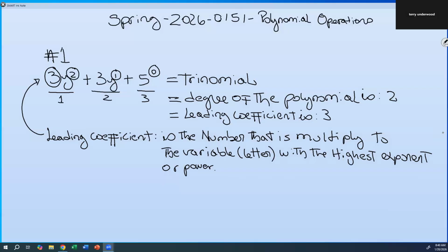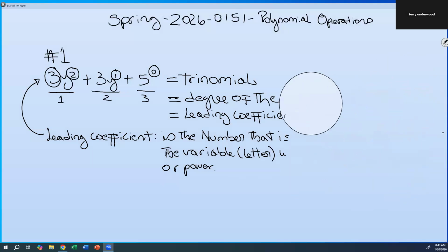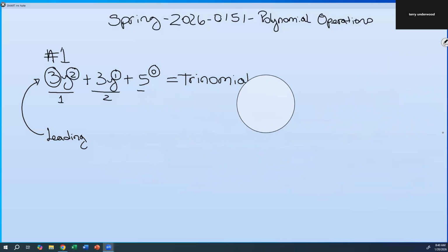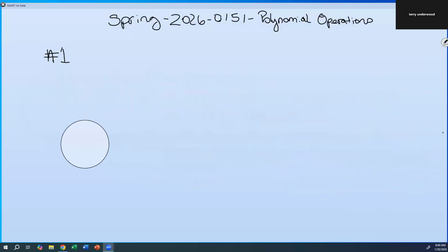Then you will have a question. They will ask you if a constant, for example, negative 15, is a polynomial.